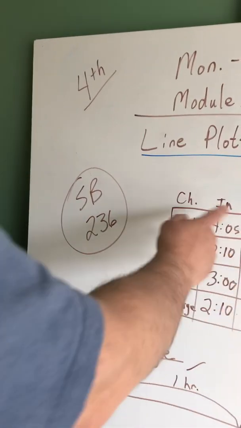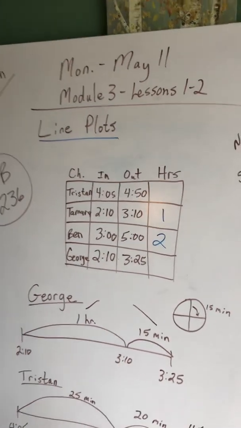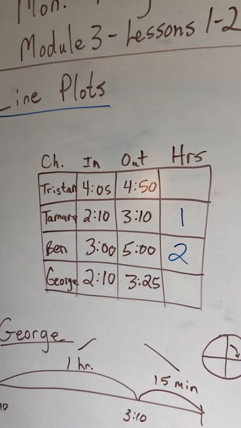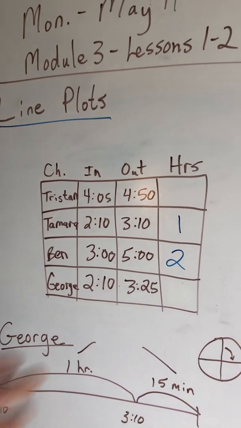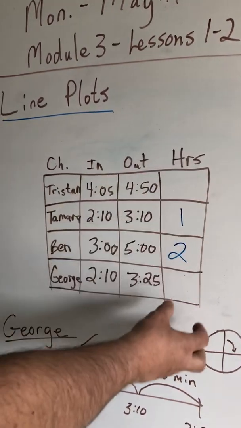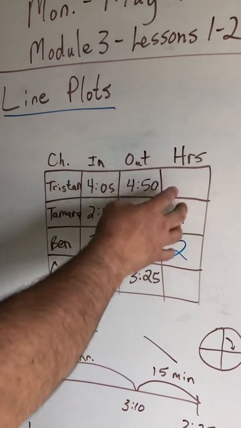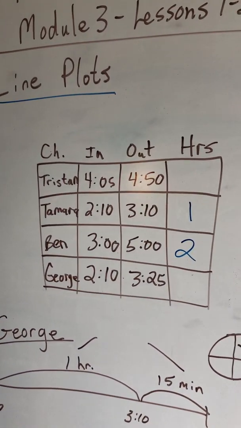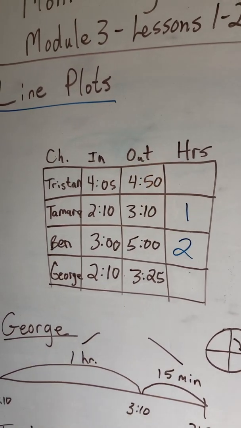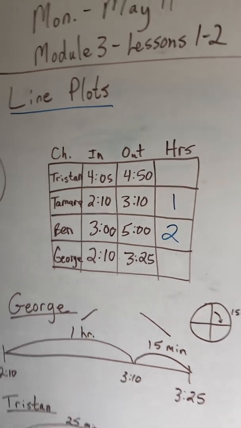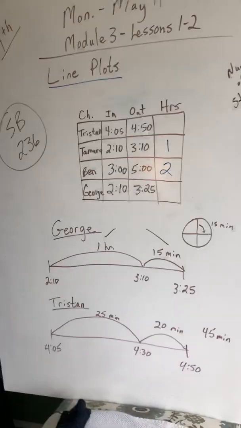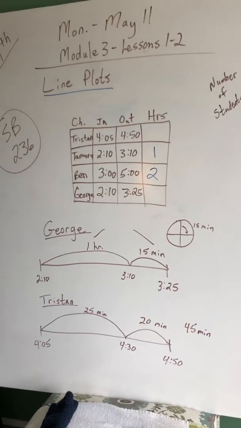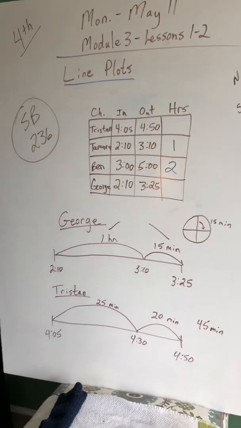Now what you'll see is this big chart on kids jumping in a pool and getting out of the pool, and we are graphing how much time each child spends in the pool. This could be a huge gym class, like in high school, that jumps in a pool and stays in for a certain amount of time, and we're going to graph that time.